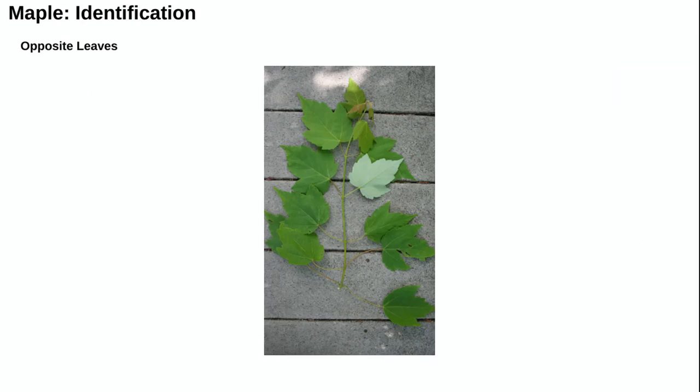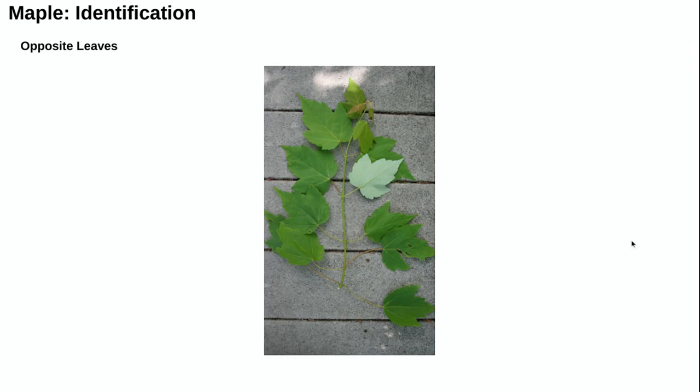But so how do you identify a maple? How do you know when you're looking at a maple-like tree that it is a maple? Well, there are two very useful characteristics for being pretty certain that you have a maple in North America, but certainly in the Northeast. The first characteristic is that the leaves are arranged on the branches opposite each other in pairs.